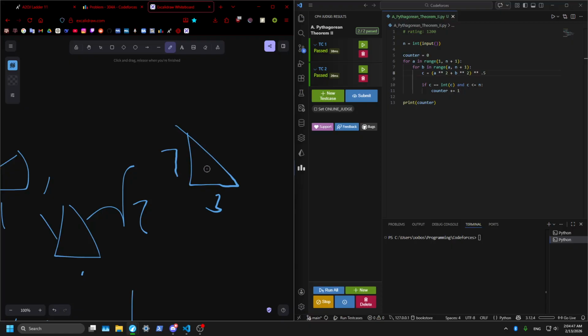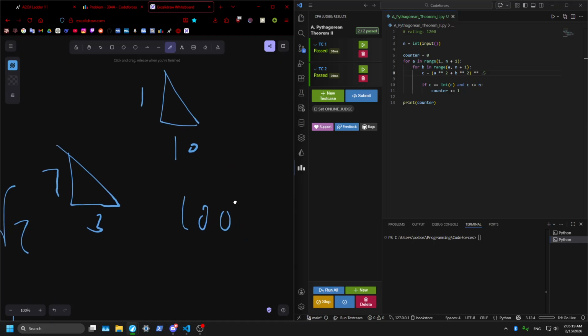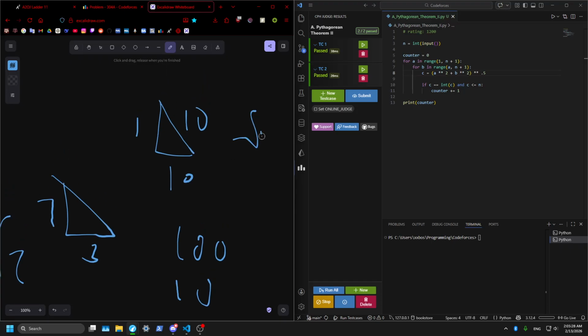And then, if C... if B is 1, well, if A is 1 and B is like 10, it'd be square root of 101.